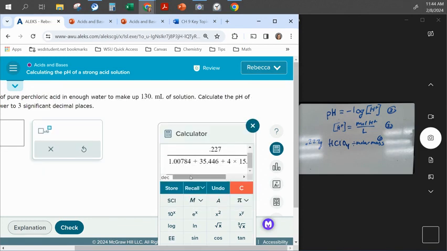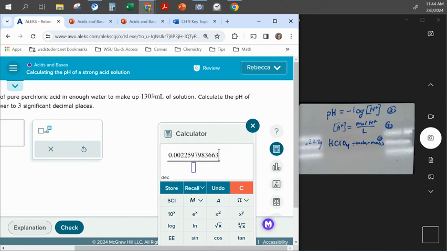So let's check: 1 hydrogen, 1 chlorine, 4 oxygens. I'm taking my mass divided by molar mass. So this is moles of acid, but because we only have 1 hydrogen, it's the same as moles of hydrogen. I'm going to divide by the volume.